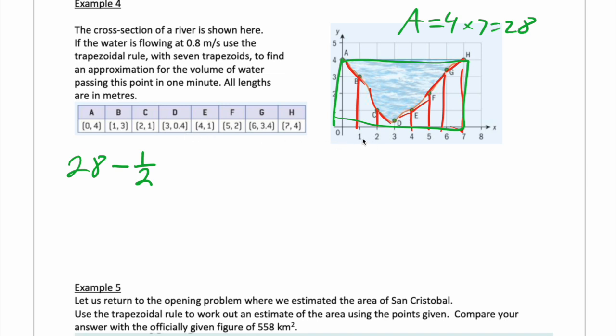Half times h, you can see in the picture it's 1, times, and then we've got the first y value plus the last y value are both 4, plus 2 times all of the other y values added together.